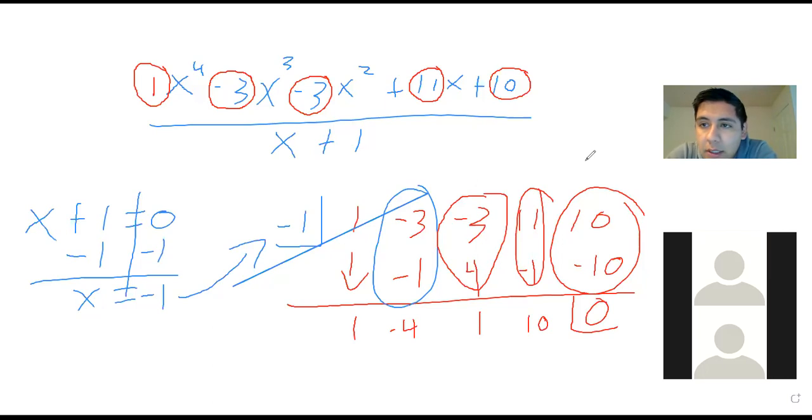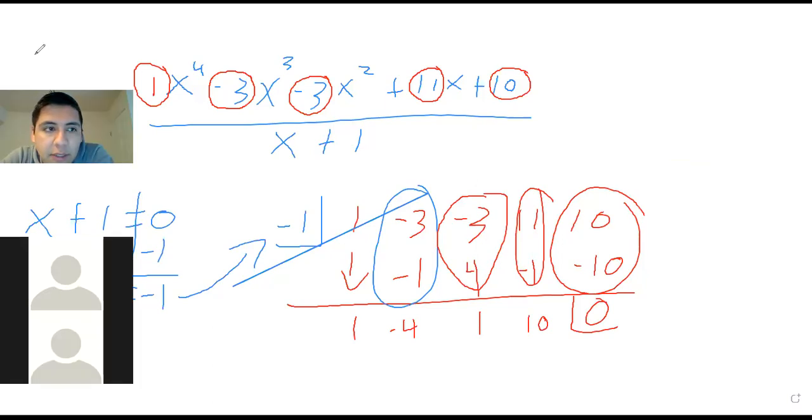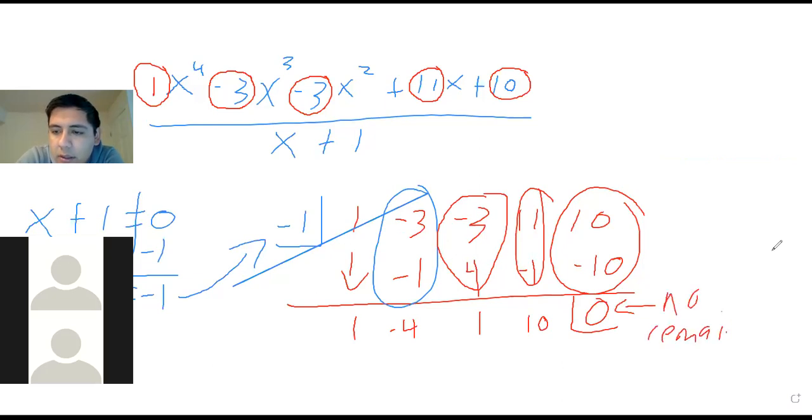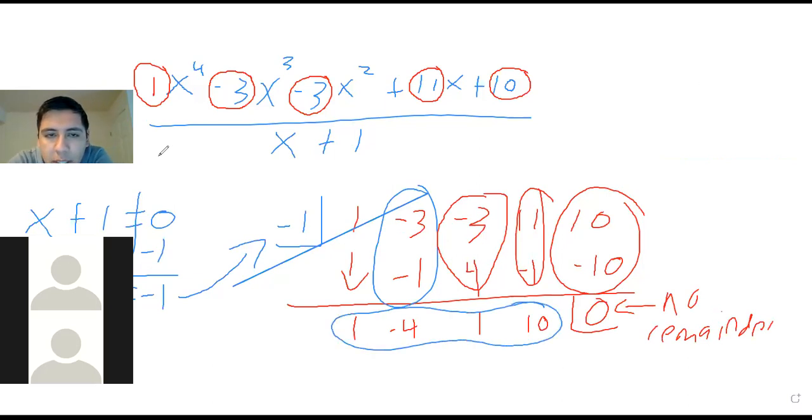Okay. So what the 0 does is that it represents the fact that we have no remainder, okay? So we have no remainder when we have something like this. And so what is our answer? It's all based on the things over here on the bottom, right? So we have a 1, we have a -4, we have a 1, and we have a 10.